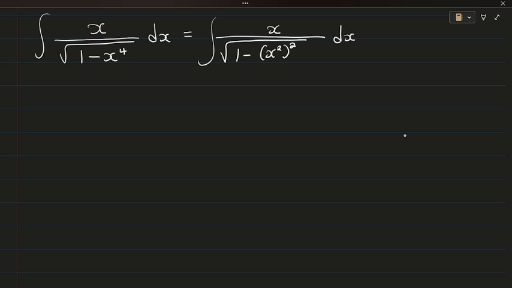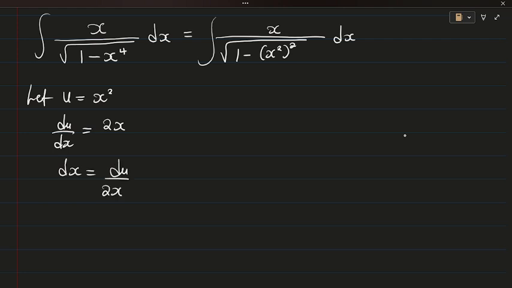Okay, so right now we can say let u be x squared. When you differentiate, du over dx, we're going to get 2x. So dx is going to be du over 2x. Now let us continue and substitute everything.